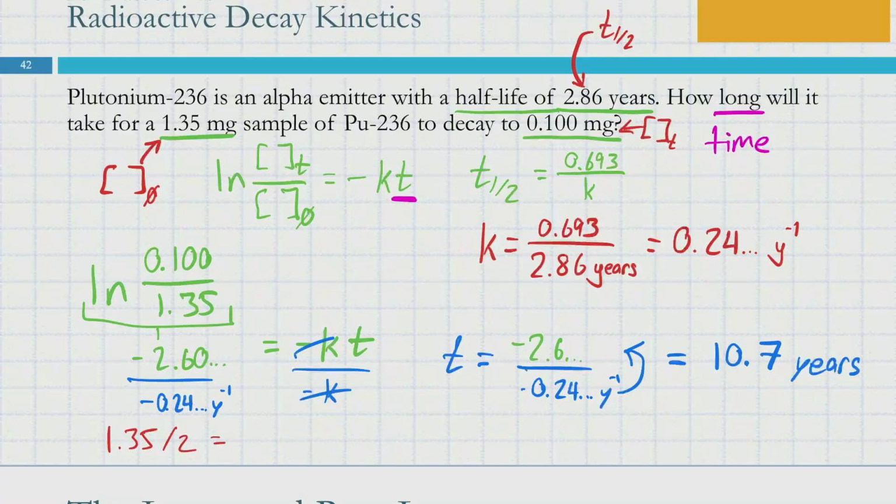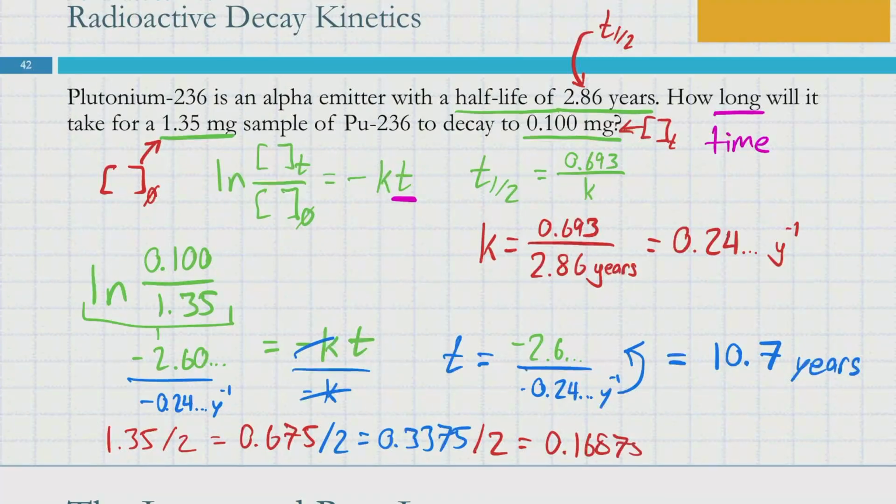So divide by 2. Divide by 2. Divide by 2 again, until we're in the ballpark of the number that we've got.